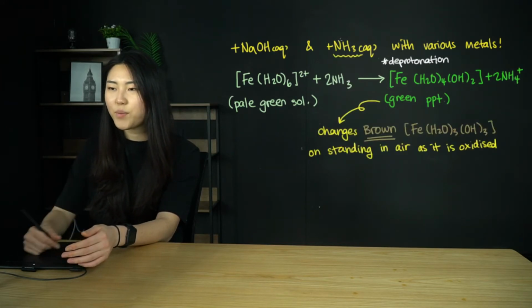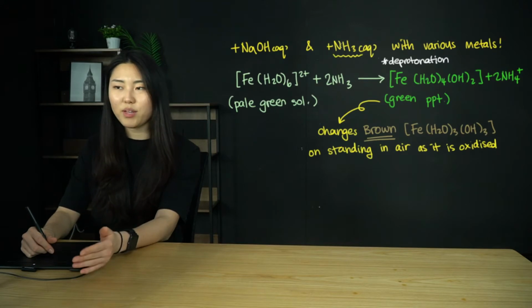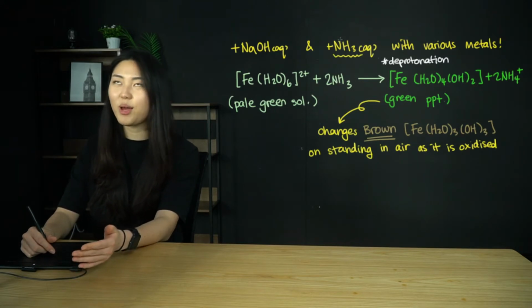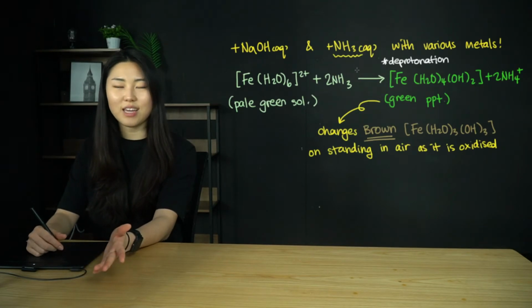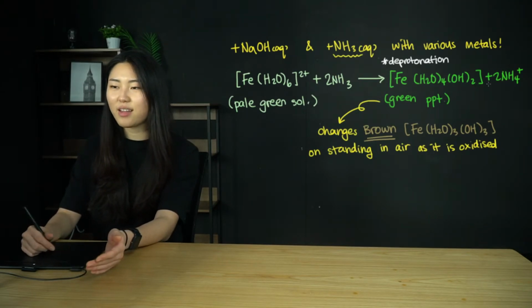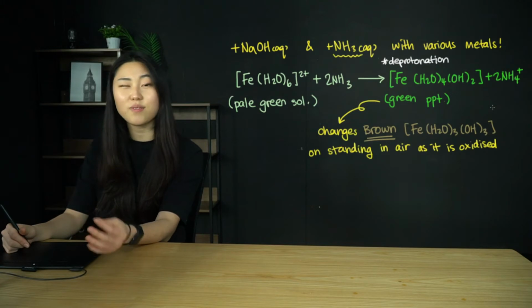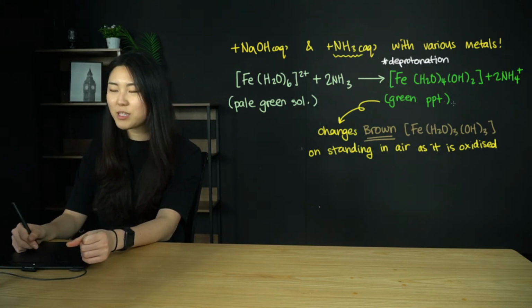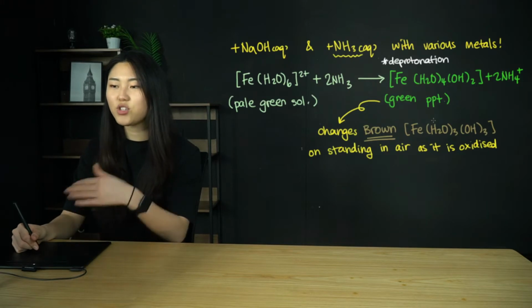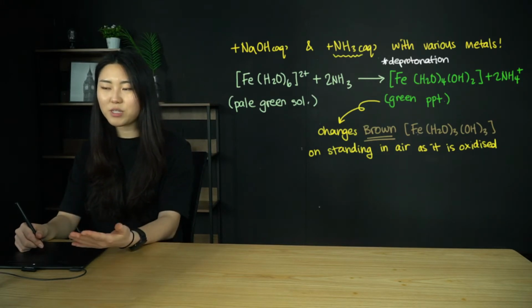So if we add ammonia solution, not ammonium, ammonia solution, then we will basically look at the same observation. It's just that the chemical equation looks very slightly different. So the green precipitate, when it forms, is going to change into a brown precipitate.